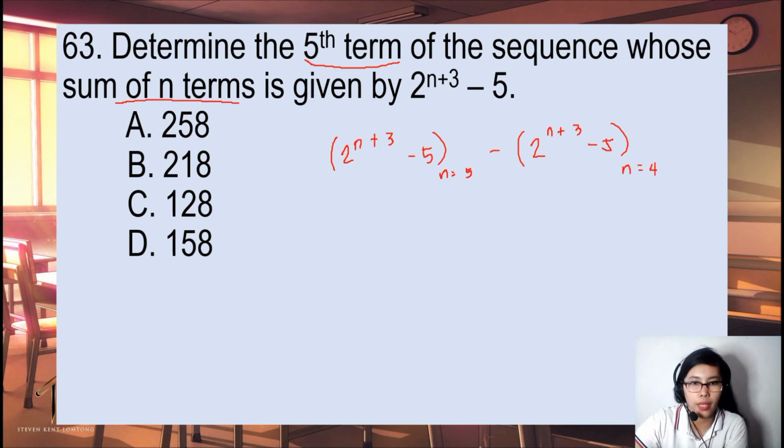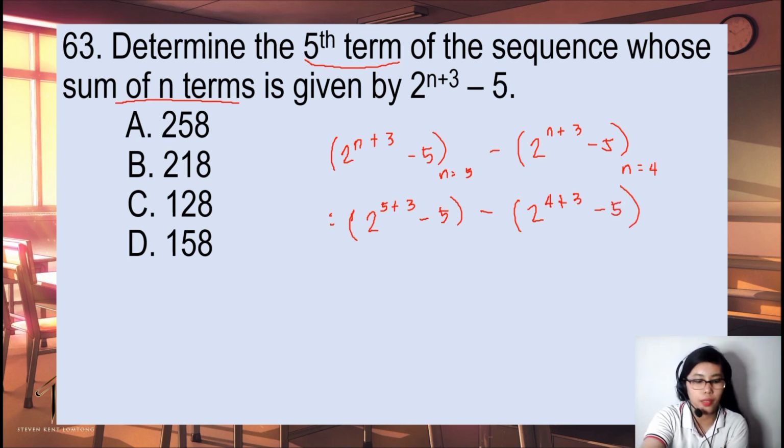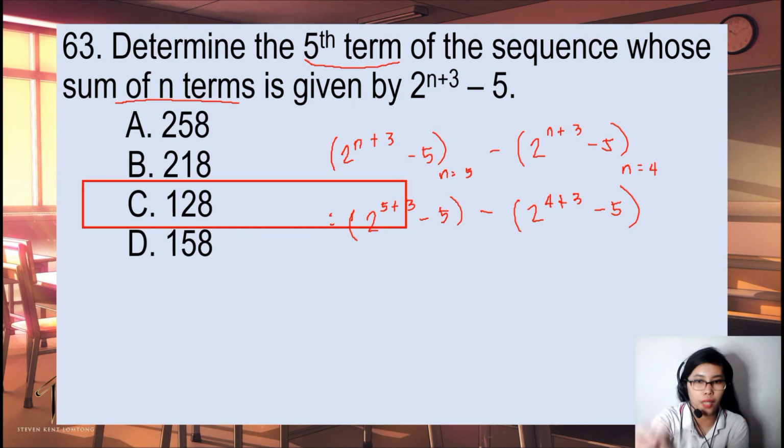That is equal to 2 raised to 5 plus 3 minus 5 minus 2 raised to 4 plus 3 minus 5, and our answer would be 128.